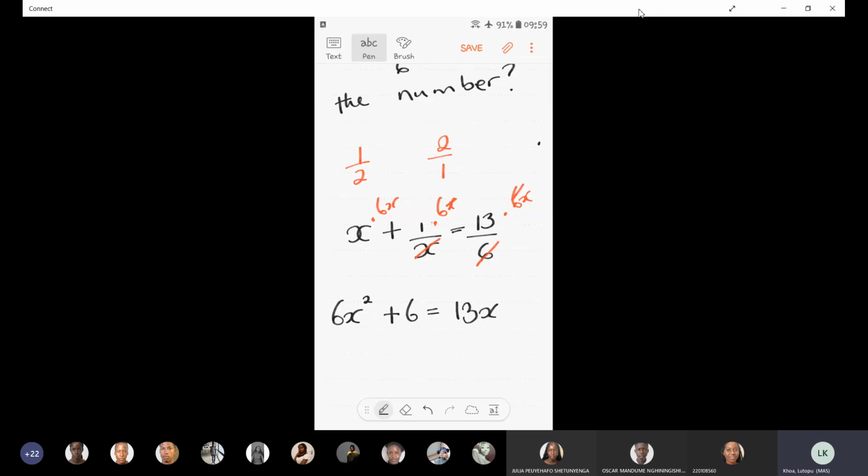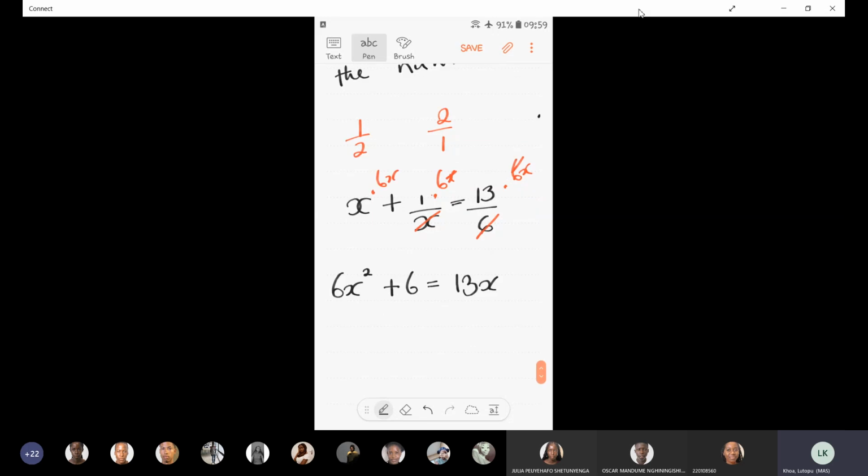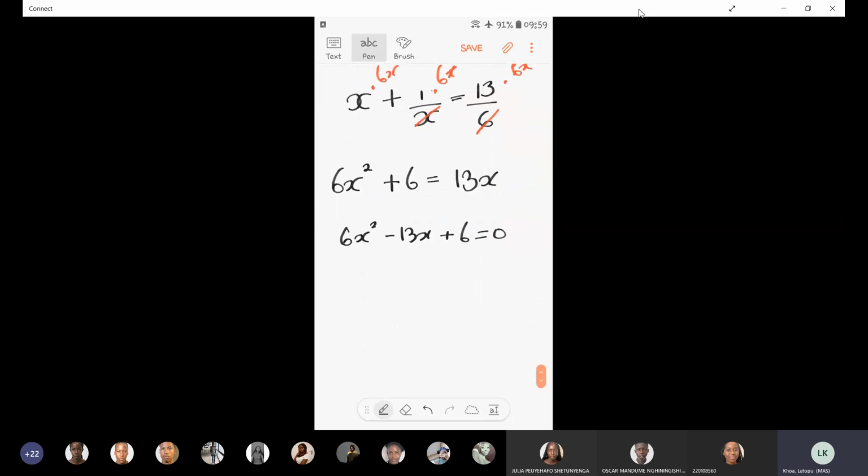Now this is a quadratic equation. You can rewrite it so that everything is on one side. So you have 6x squared minus 13x plus 6. This is equal to 0. Okay, so we will solve this by completing the square.